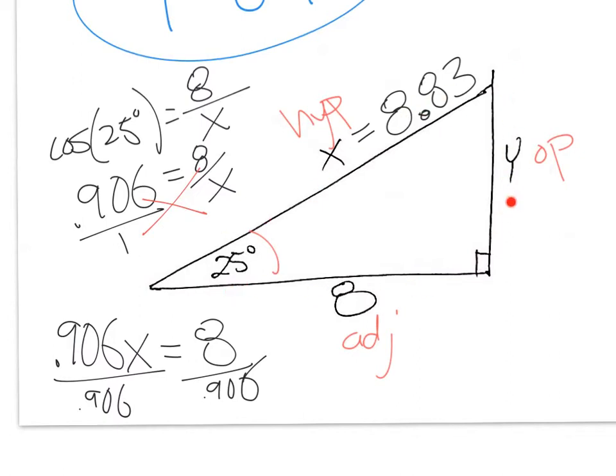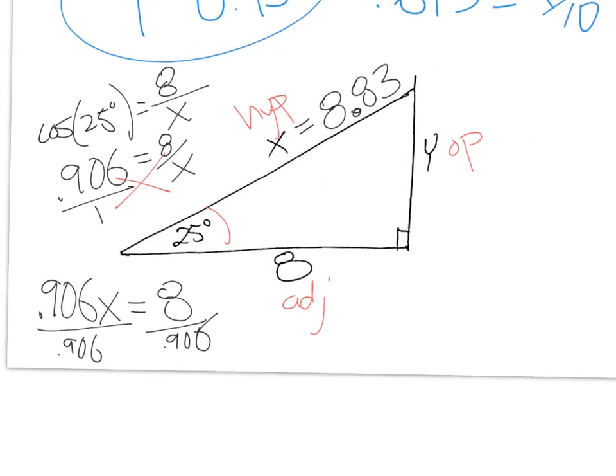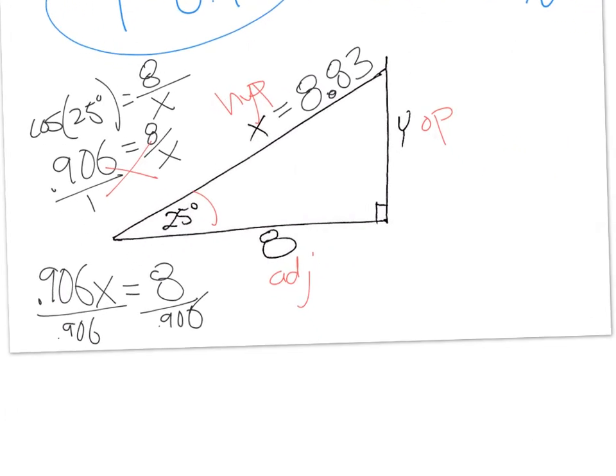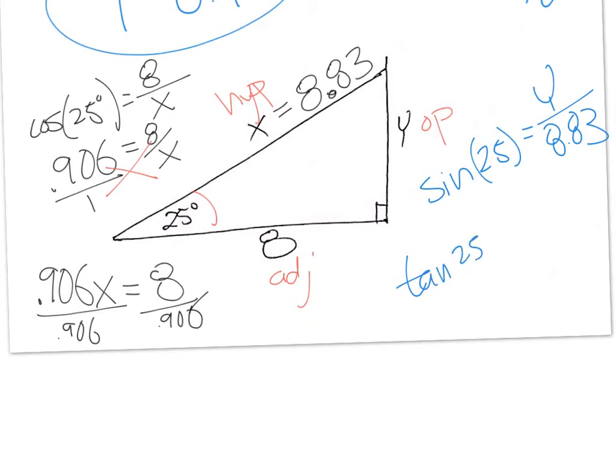And then to solve for y, we could say a couple things. One is, we could say that the sine of 25 degrees is opposite over hypotenuse, now that we know what the hypotenuse is. Or we could say tangent of 25 degrees equals opposite over adjacent.